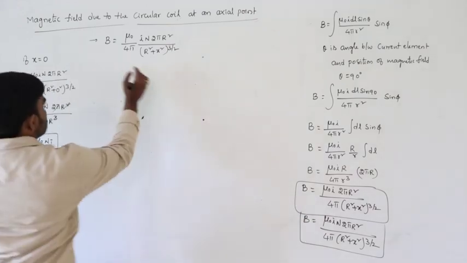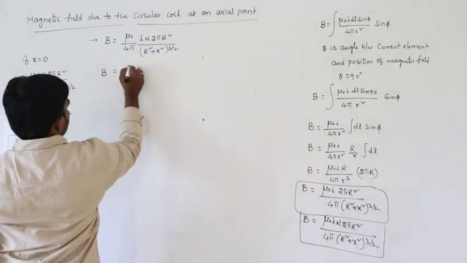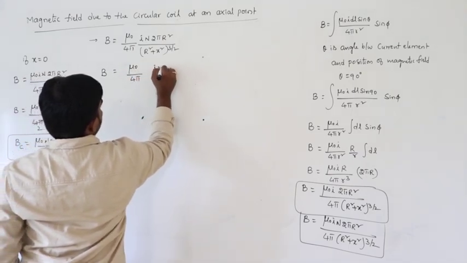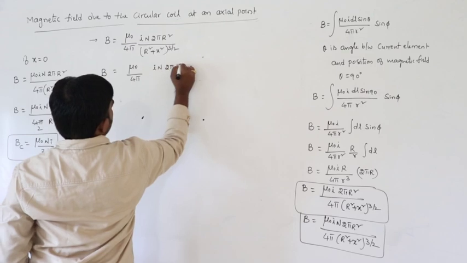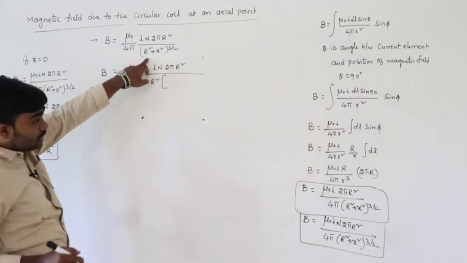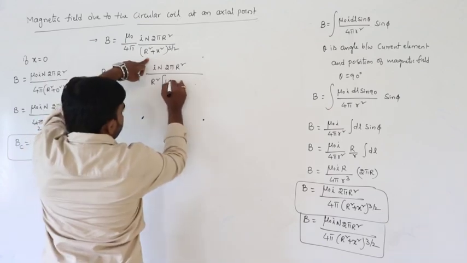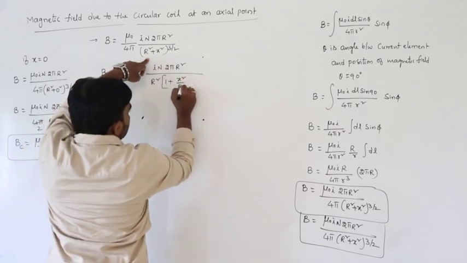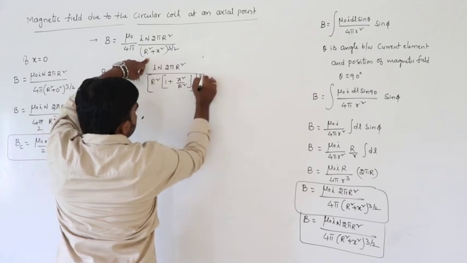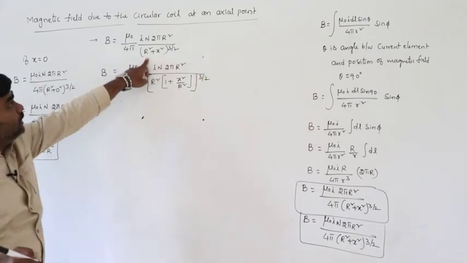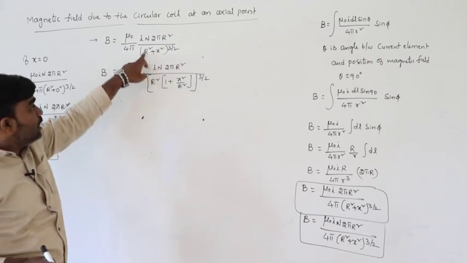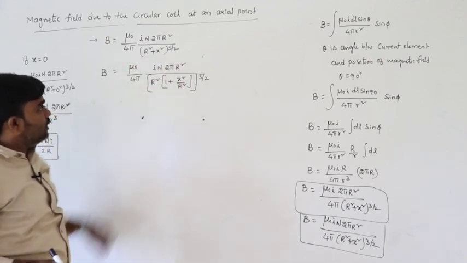In this, B can be written as mu naught by 4 pi I n 2 pi r square divided by, here r square common, what we can write? 1 plus x square by r square whole power 3 by 2. Here in this relation just r square being common, 1 plus x square by r square.